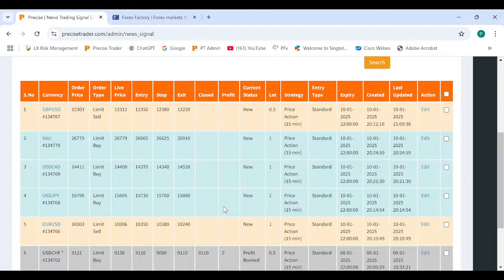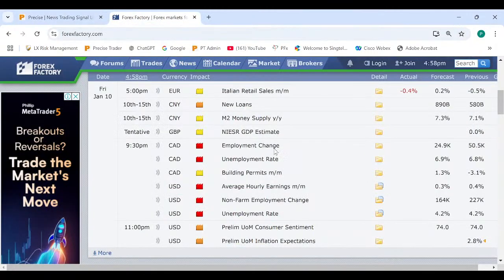Then we have a dollar CAD. We are having our Canadian data as well. This is a bit tricky because we are getting the US data out. Let's assume the dollar strength happens on the US data, and then if the Canadian data comes out better, then the Canadian dollar might strengthen.